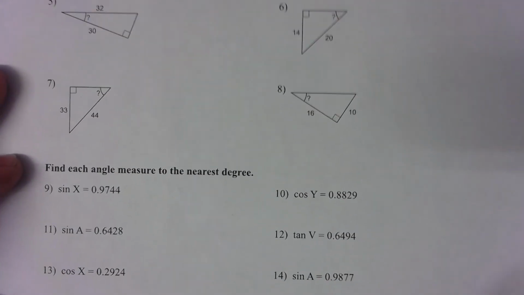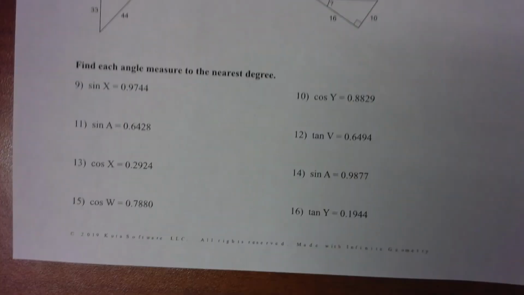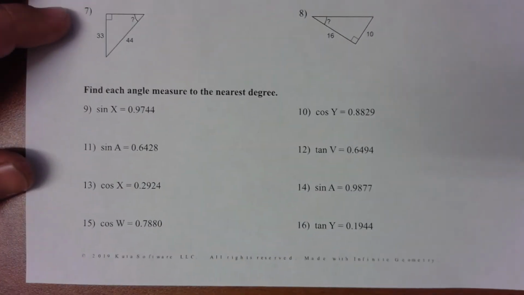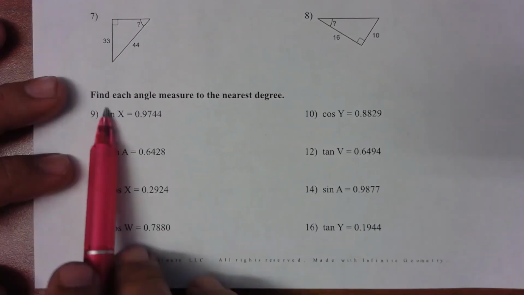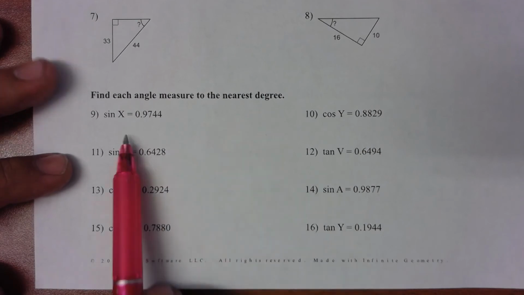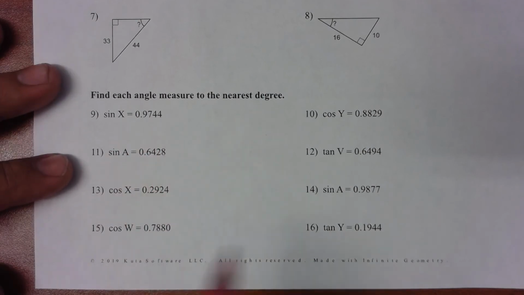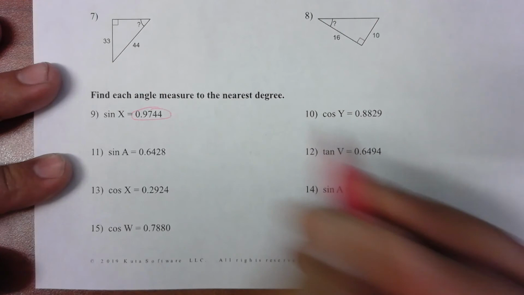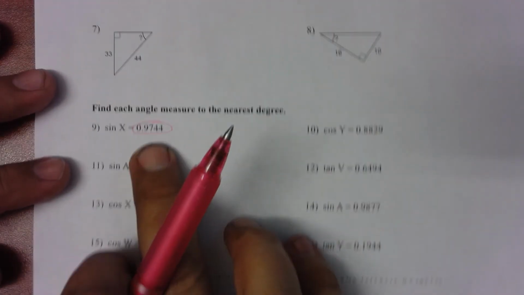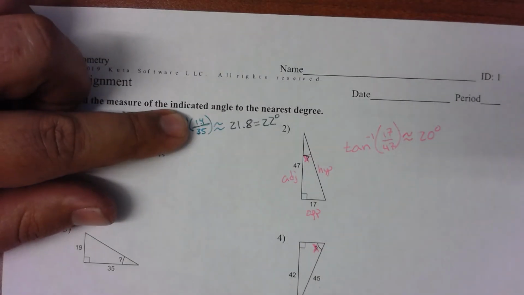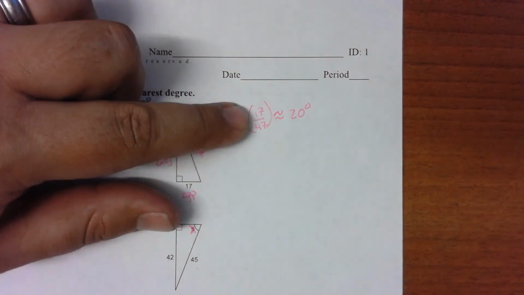What about down here at the bottom? Your second section. Find each angle measured to the nearest degree, and they give you this. Nothing changes. This is just your fraction. This is 14 over 35, 17 over 47.